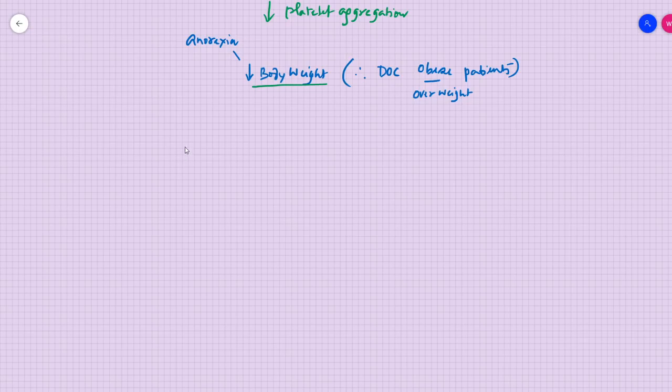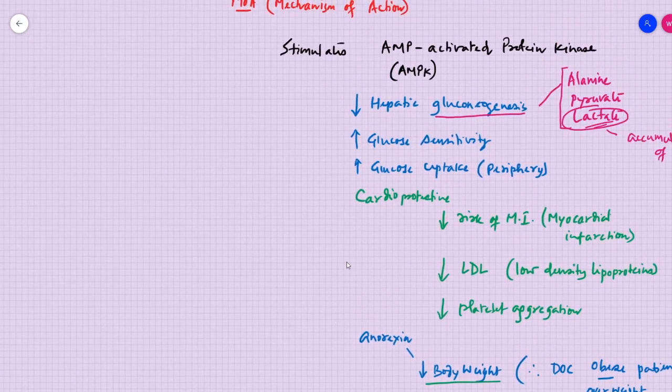The other thing to remember is that it reduces hepatic gluconeogenesis, increases glucose sensitivity, and increases glucose uptake, but it has absolutely no effect on insulin secretion per se.